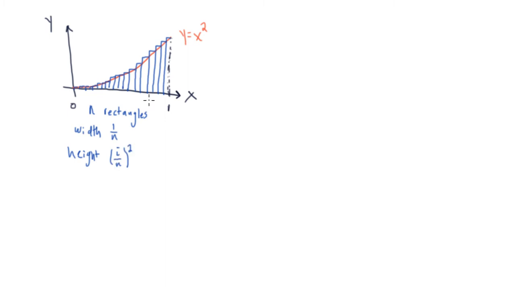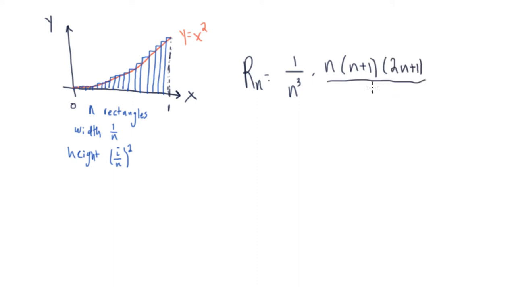Okay, so we actually know what this area is of all of these rectangles added together. So r sub n, as we just saw, is 1 over n cubed times n plus 1 times 2n plus 1 all over 6.